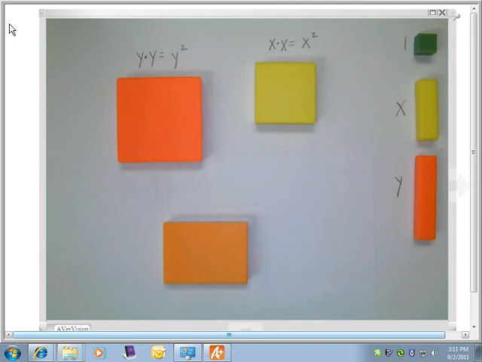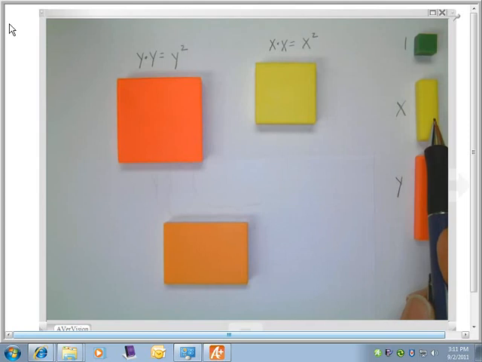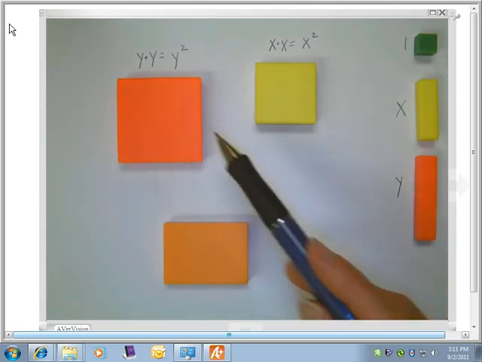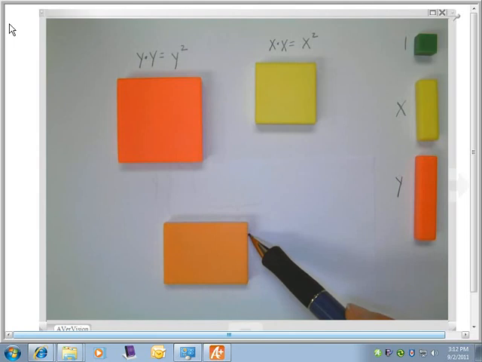This is going to be a little harder because notice this is a different color than the other ones. We kind of figured out that yellow went with yellow and orange goes with orange. But this doesn't have any colors that match.